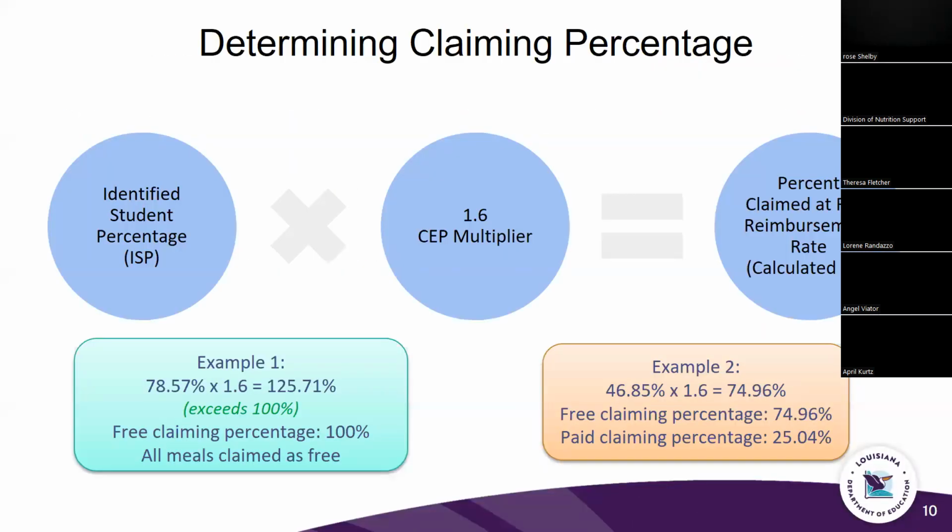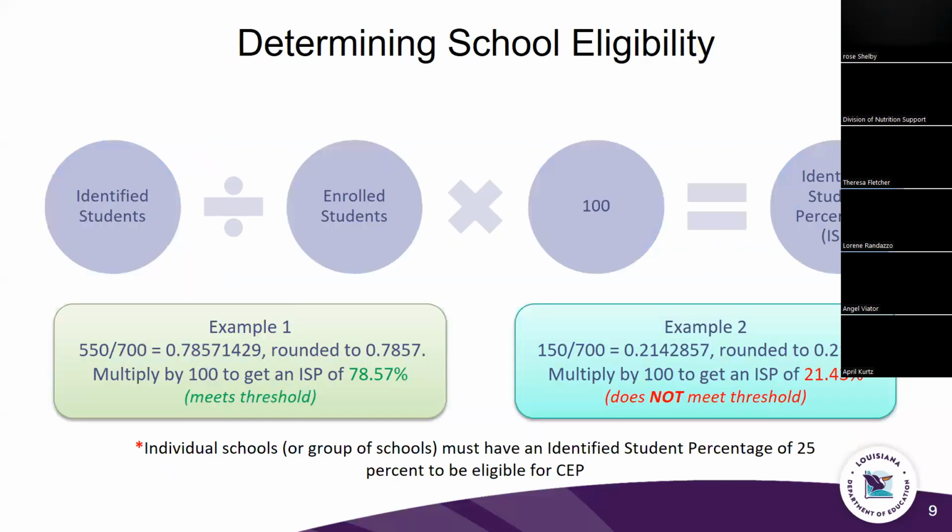Okay. So the calculations, the identified student percentage, it's the identified students divided by the enrolled students. So that's the total number of identified students divided by enrolled students.